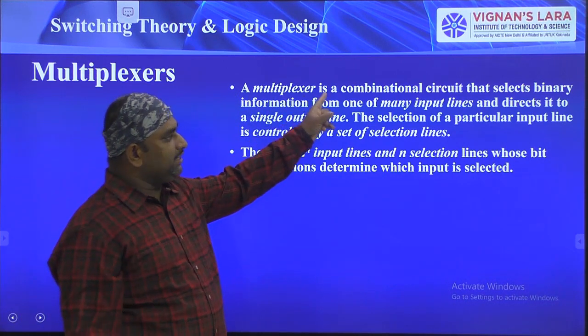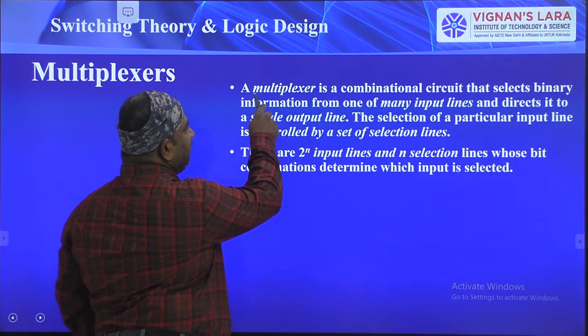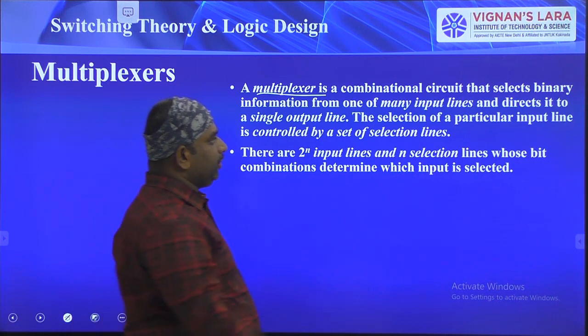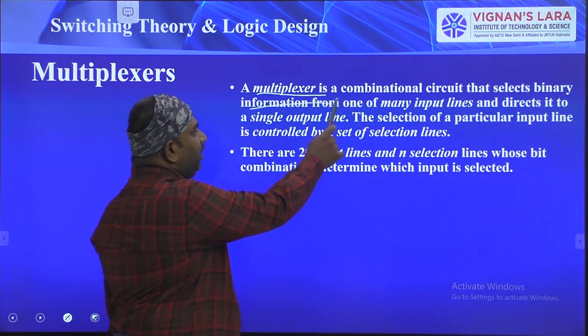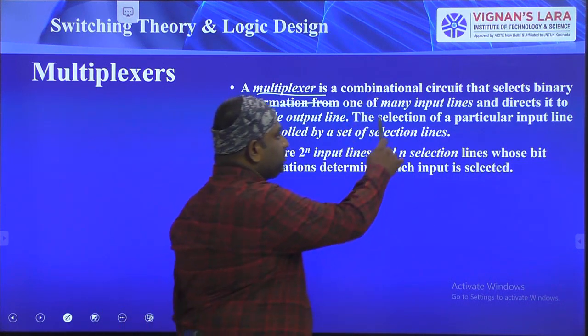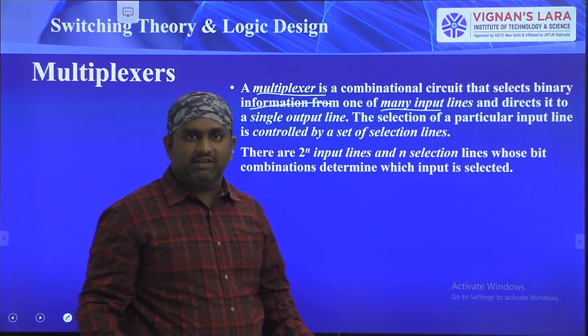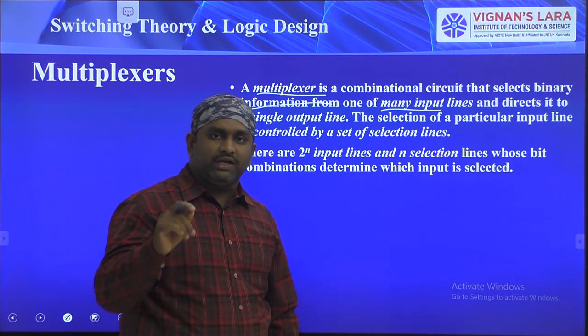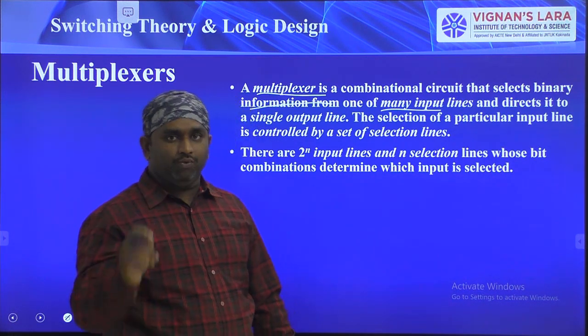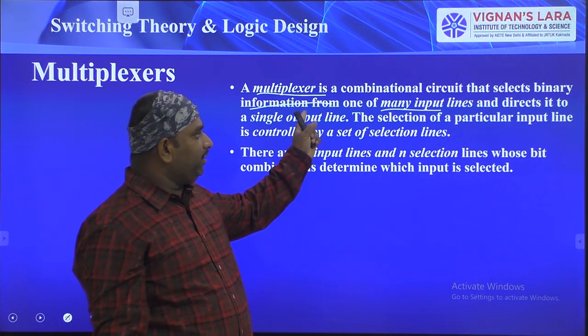A multiplexer is a combinational circuit that selects binary information from many inputs. All the input lines are binary signals. Each input consists of either 0 or 1 information.